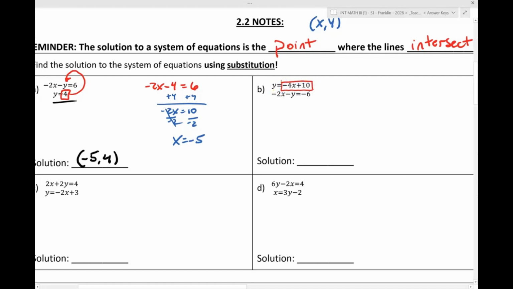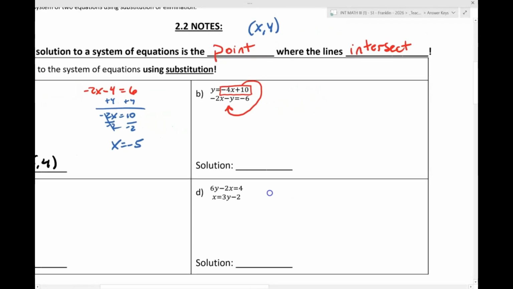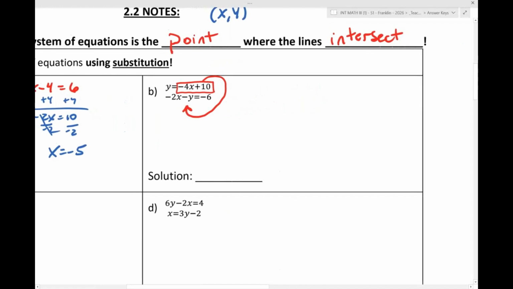So this one already has a y equals something. And so it's pretty simple to then substitute in that expression, or the numbers we saw in the previous example, for that variable. It gets a little more, I don't know if I want to say difficult, but it's definitely more work if you have to solve for x or y first.